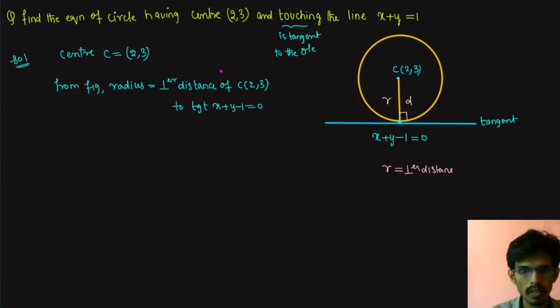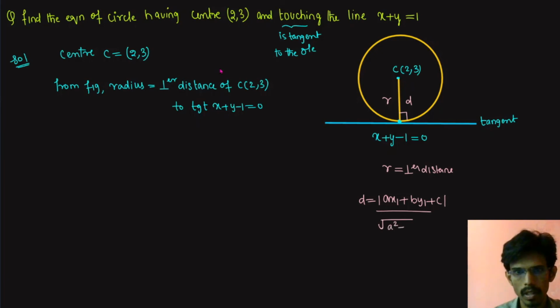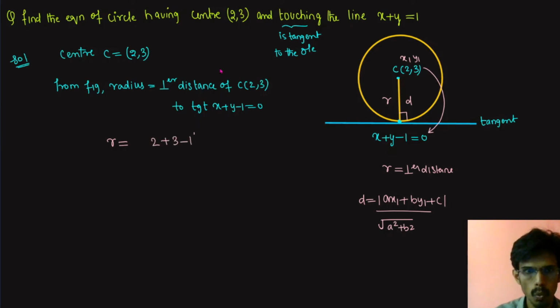Now we know that perpendicular distance is ax1 plus by1 plus c by root a square plus b square. Here x1, y1 is the center, and ax1 plus by1 plus c is this line. So the radius will be, now substitute this center into this line, 2 plus 3 minus 1 upon root over a square.